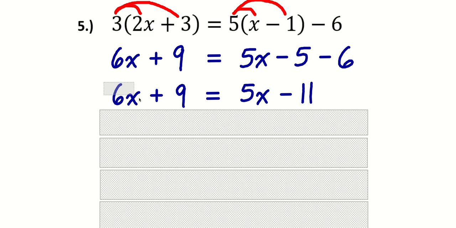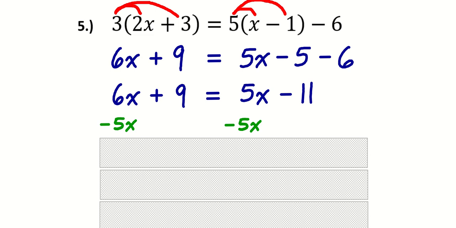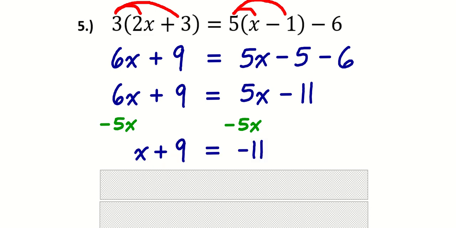Here you should notice that we have this x term on the left side, and then on the other side of the equal sign we have another x. We got to get them on the same side. So that's what's next. So now the right side is just the negative 11, and the left side becomes 1x plus 9.